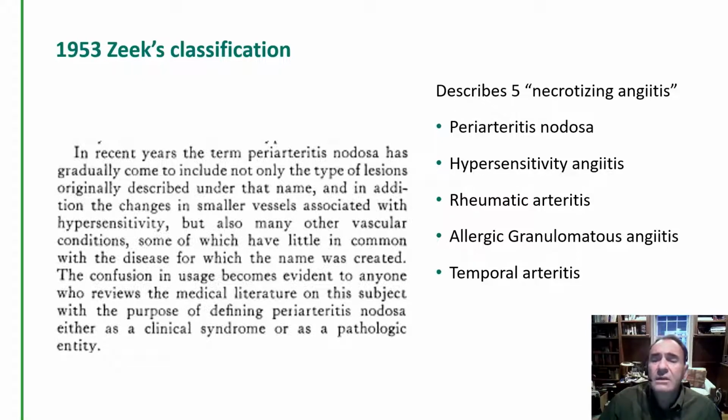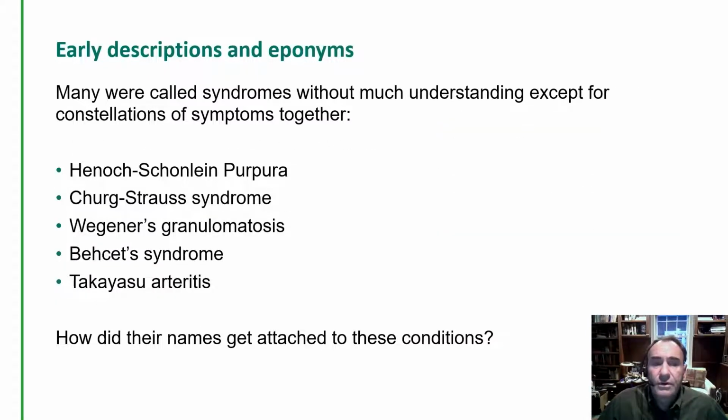So Zeek described 5 major categories called necrotizing angiitis: periarteritis nodosa, hypersensitivity angiitis, what was called rheumatic arteritis, so vasculitic problems seen in rheumatoid arthritis, allergic granulomatous angiitis, what we now know or have come to call Churg-Strauss syndrome as well, and temporal arteritis. And we'll go through some of these. So at that point, you had those 5 categories being suggested.